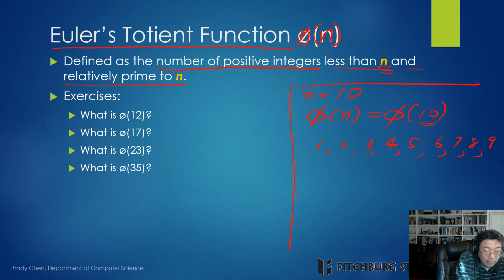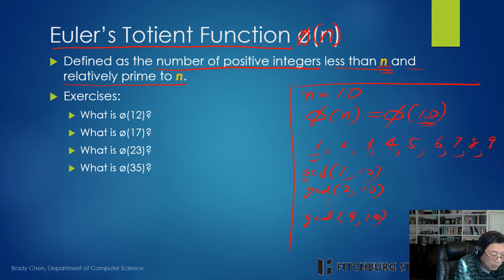So then we need to compare which number is relatively prime to 10. One way to do it is to check the greatest common divisor between this number and 10, right? So we check GCD of 1 and 10, GCD of 2 and 10, and all the way to GCD of 9 and 10, right?